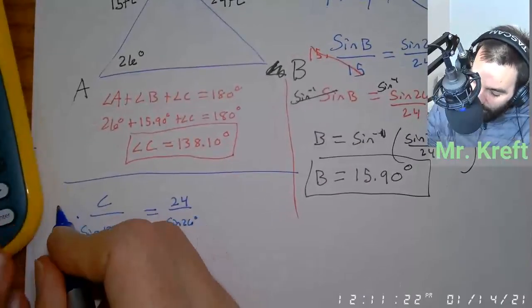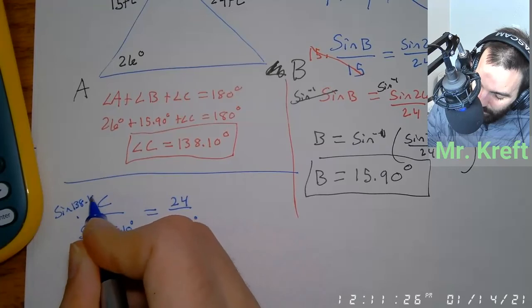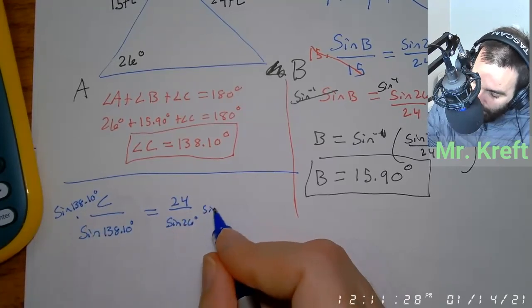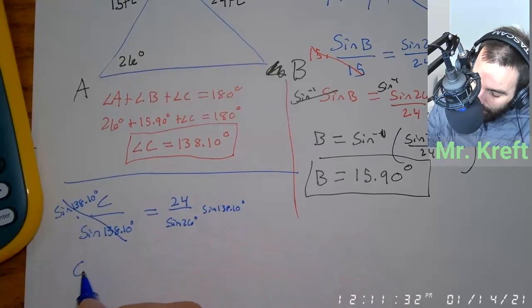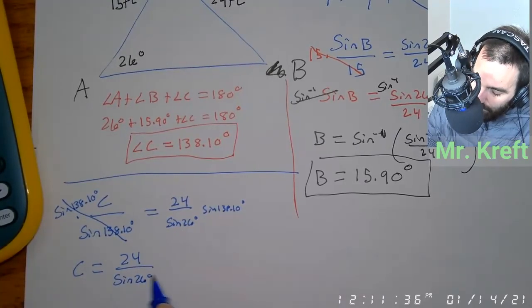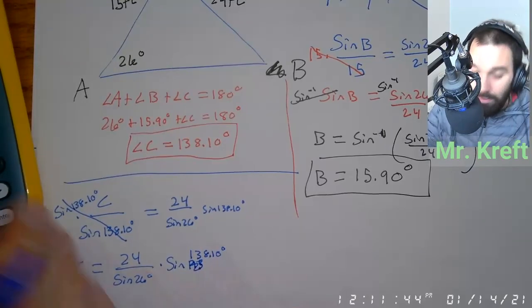Okay, so I would multiply both sides by sine of 138.10. So I get C equals 24 over sine of 26 times sine of 138.10.